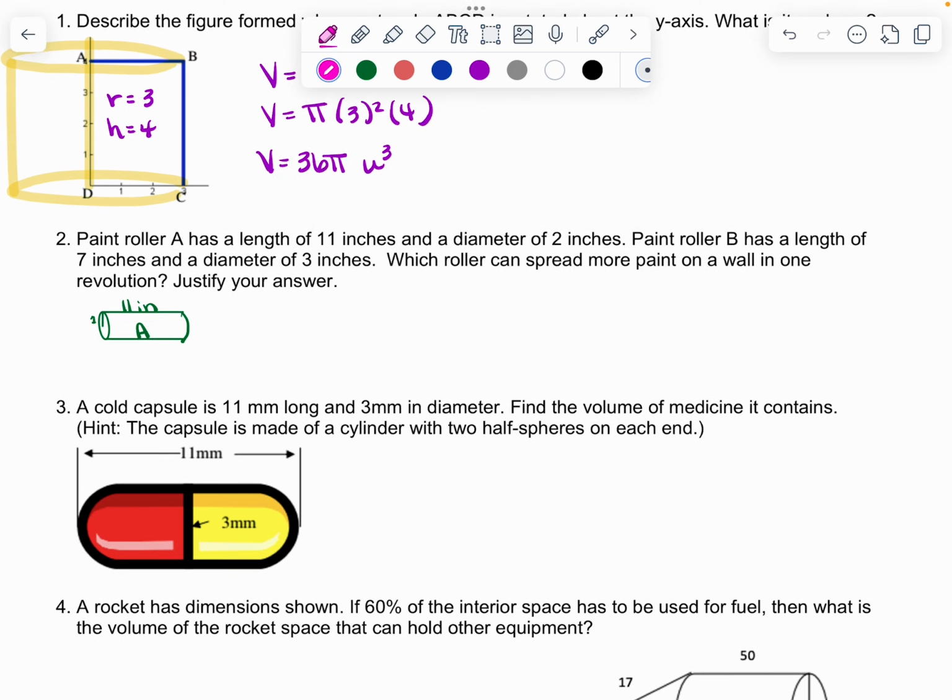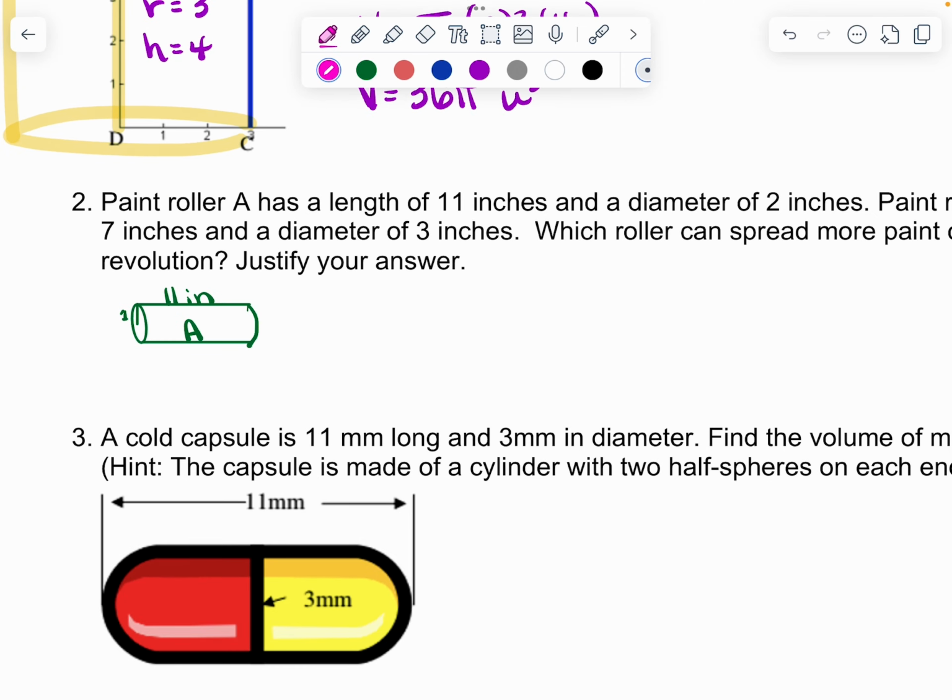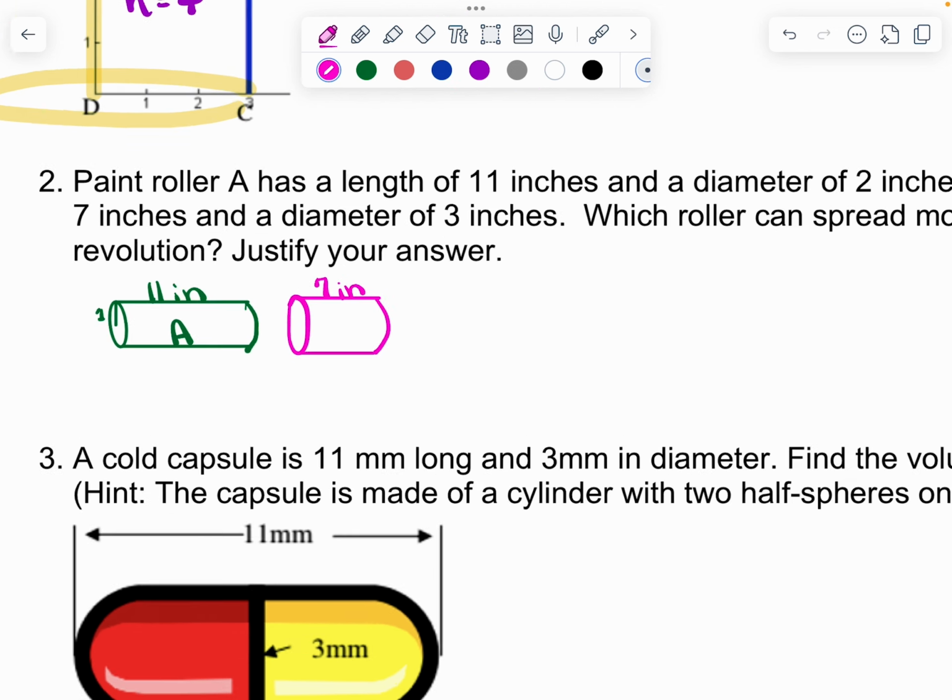So the radius is 1. And then there's paint, this is A. There we go. And then we have paint roller B that has a length of 7 inches. Oh, it's got a bigger diameter, so I'll make it bigger. So it's 7 inches.